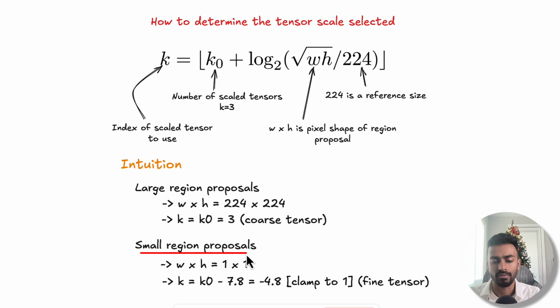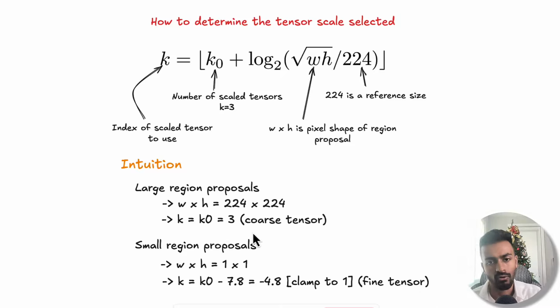Now for smaller region proposals, let's say the width and the height are going to be 1 pixel by 1 pixel at most, right? If you apply this, it would be log of 1 divided by 224 to the base 2, which would be K0 minus 7.8. And this could give negative 4.8. We can clamp this to K is equal to 1 because it has to be 1, 2, or 3. And this would be the fine tensor.